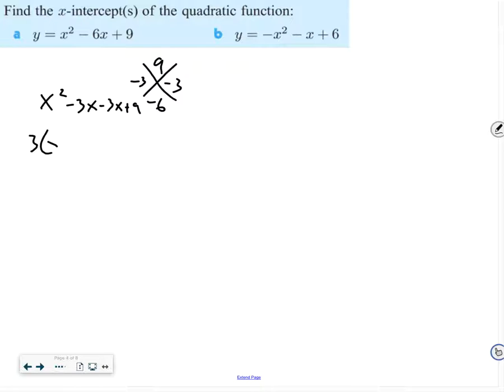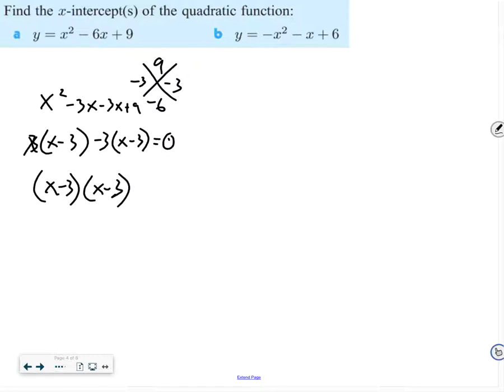Factor out an x from the first part, and factor out a negative 3 from the second part, and I get x minus 3 and x minus 3.